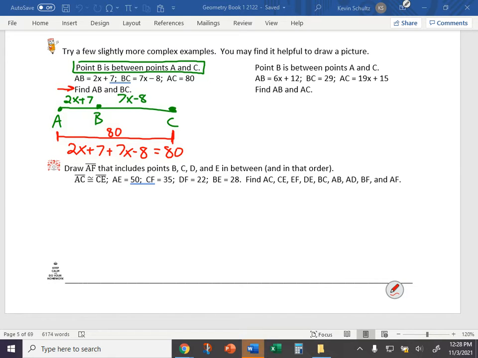Combine like terms, and you can solve it. 2x and positive 7x gives you 9x. And then you have positive 7 and negative 8, that gives you negative 1. So we can rewrite this equation to be 9x minus 1 equals 80, and I think you can solve it from there.